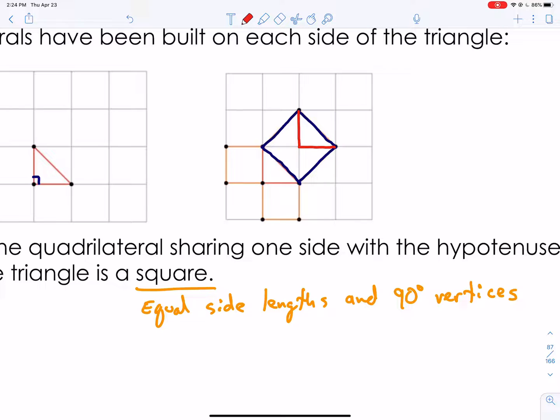So we're going to use all that to prove that this is a square. So this is a right triangle. Okay, so remember the angles in any triangle add up to 180 degrees. Okay, so this is kind of like a proof that you're going to do similar thinking as you're going to do in high school. So here we have an angle and another angle, and they are exactly the same.